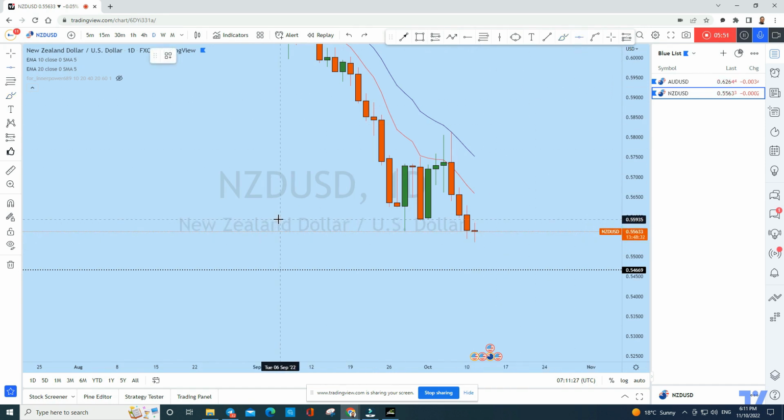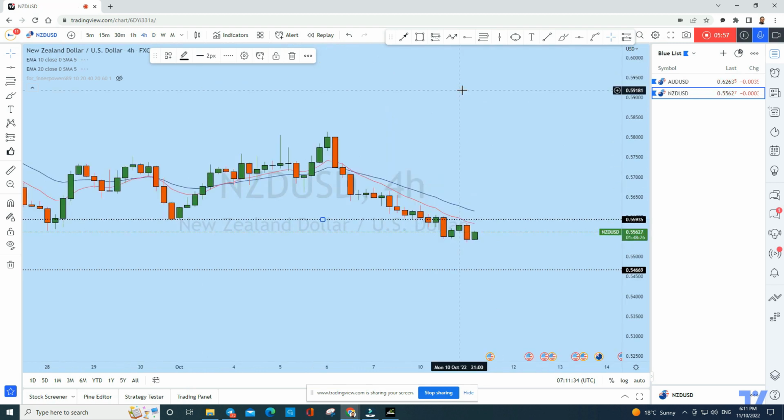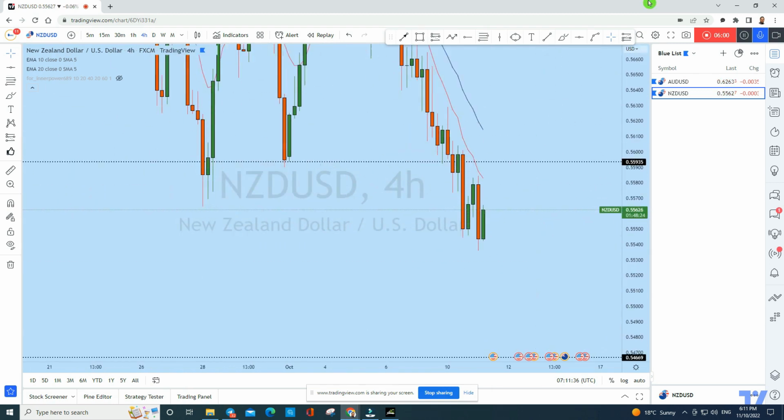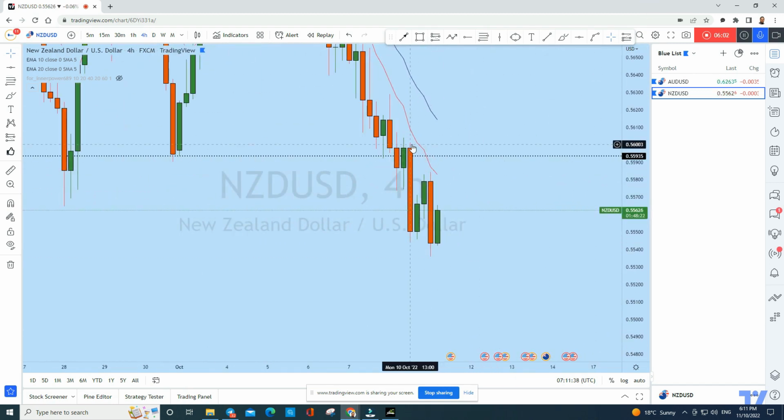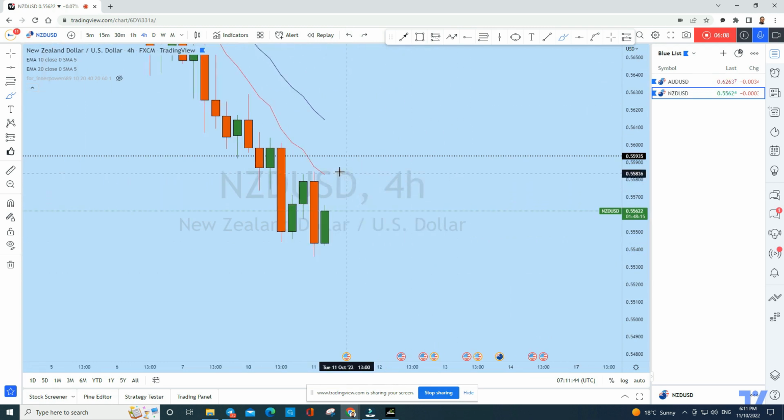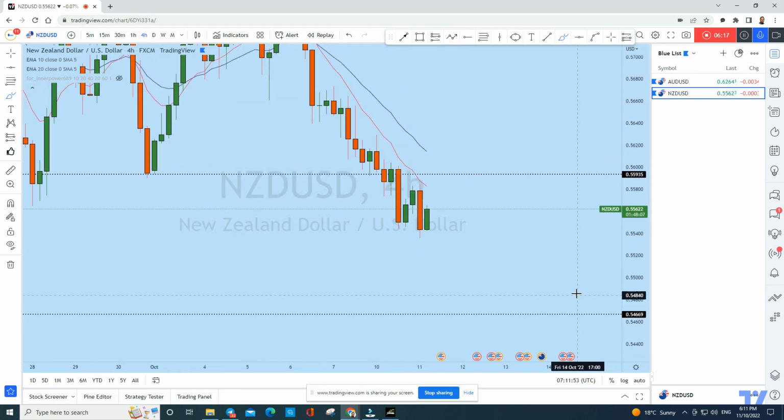We see that there is a daily previous support zone here with this green candle, which may act as resistance here. Now looking at the intraday perspective, we see that NZDUSD in fact created a similar kind of bearish price action: a strong bearish candle followed by a retracement. In the previous session we saw another bearish engulfer that also crossed this one's high, tested this local support as resistance, and we have seen a rejection.